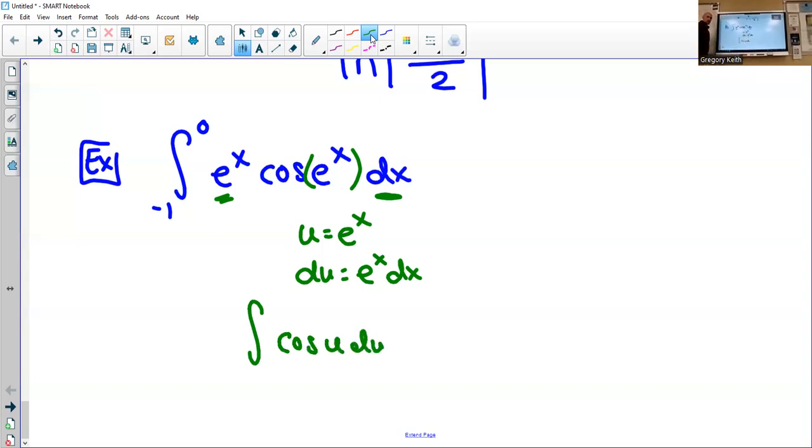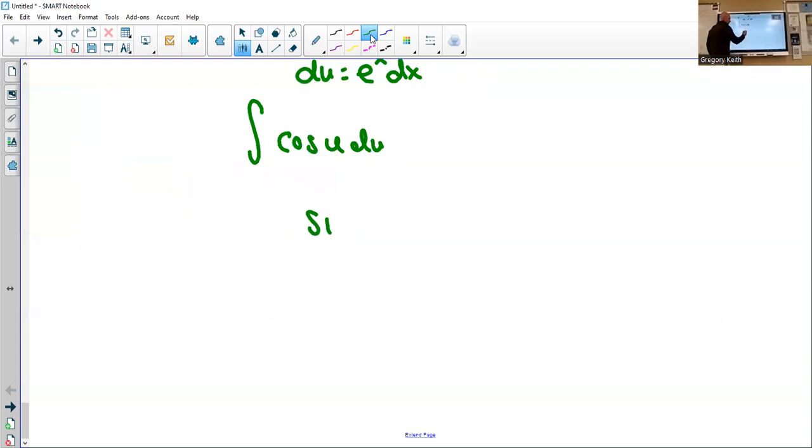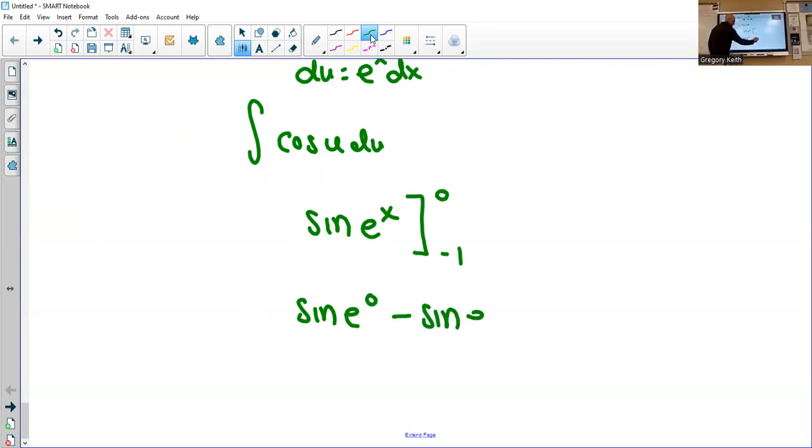What's the antiderivative of cosine? Sine. This is going to be just sine of u. Let's put u back in, e to the x. And that's from 0 to -1. So we're going to put that in. Sine of e to the 0 minus sine of e to the -1st.